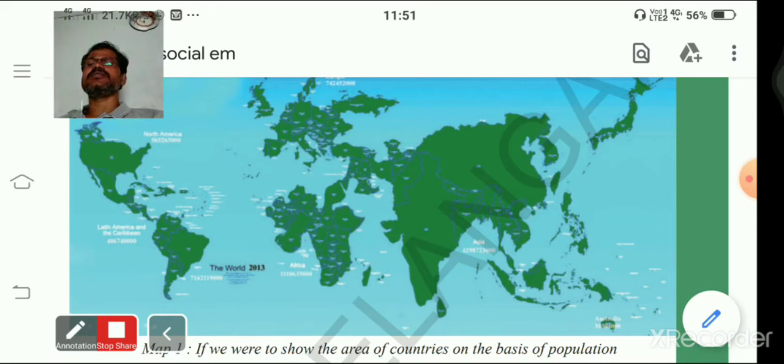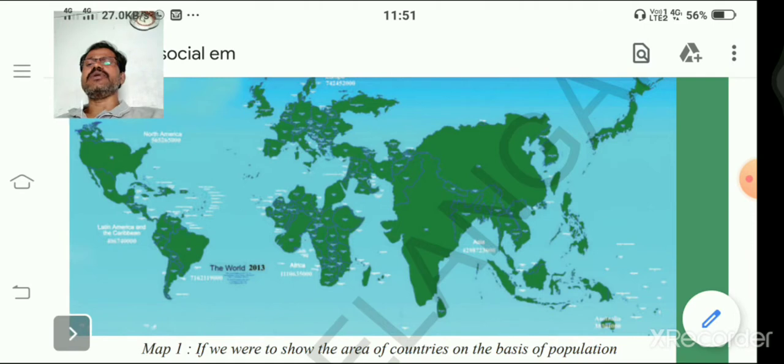It means this is a map based on the size of the population of the countries. The countries which are with a high population are shown with their area also large one.